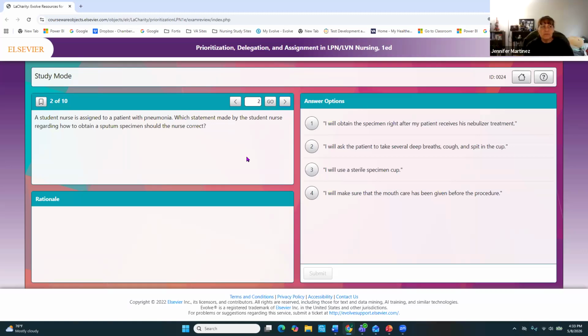Which statement by the student nurse regarding how to obtain a sputum specimen should the nurse correct? 1, I will obtain the specimen right after my patient receives his nebulizer treatment. 2, I will ask the patient to take several deep breaths, cough, and spit in the cup. 3, I will use a sterile specimen cup. Or 4, I will make sure mouth care has been given before the procedure. So which one of those would require the nurse to correct?